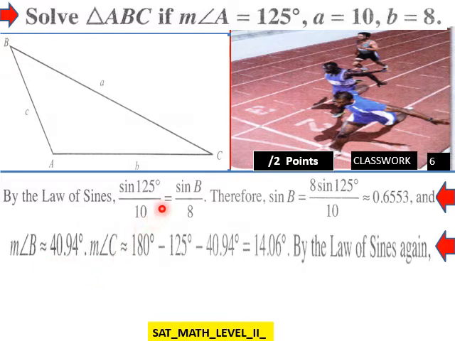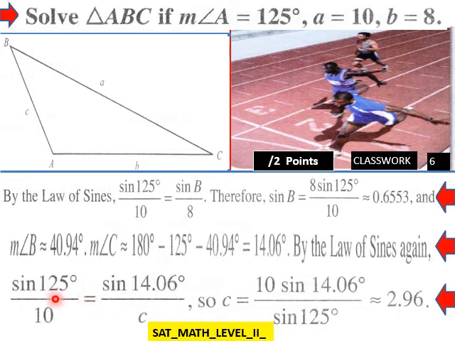So the measure of angle C, by using our 180 rule of triangles, would be 180 minus 125 minus 40.94, and that comes out to 14.06 degrees. By the law of sines one more time, sine 125 over 10 will equal sine 14.06 over c.